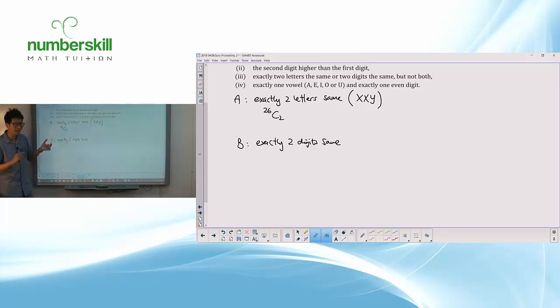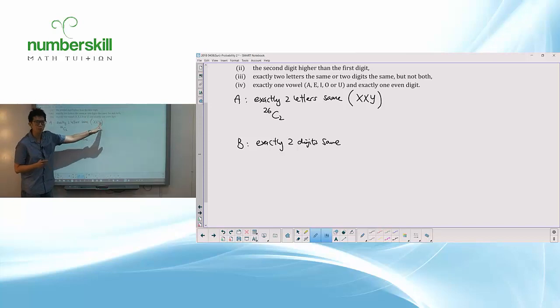Okay, all counted inside. But let's think, guys. Let's say the pair is XY. Must it be XXY? Can it be XYY? It can be XYY, right? So just the XY alone, you realize in this 26C2, there's a case of XY, there's a case of AZ or whatever, right? All the different cases.